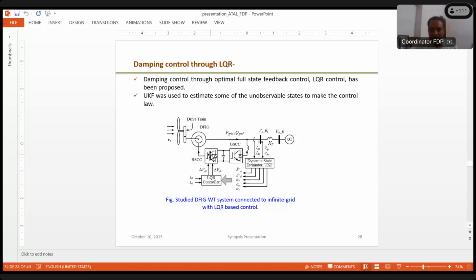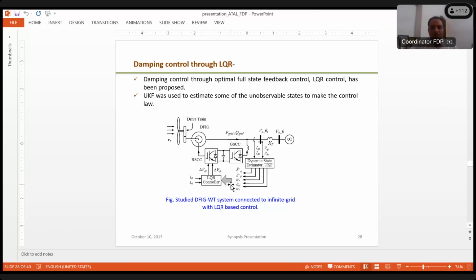But in this case, we take all the states of this wind power generating plant and make a state feedback control u equals minus kx. That k basically comes out from some optimal way of energy.